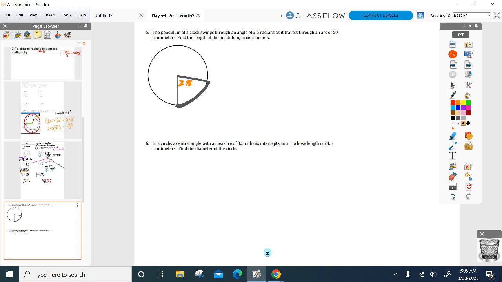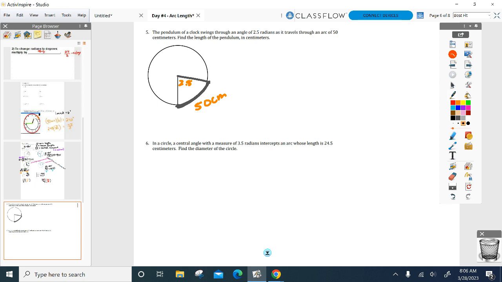So it goes through an angle of 2.5 radians, and it travels through an arc of 50 centimeters. Here's my 50, right? Now, I don't come out and say the vocabulary word we've been using.